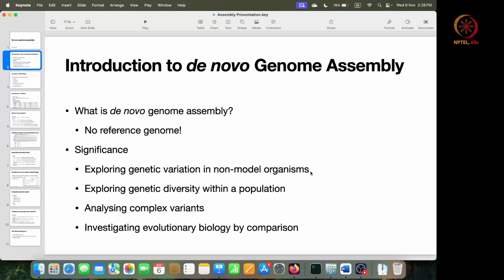Sometimes complex variants are hard to identify simply based on alignment of read sequencing data, and assembled sequences of reads can give better clarity on the existence of complex variants in a sample. De novo genome assembly can also help in identifying or tracking the process of evolution over time.